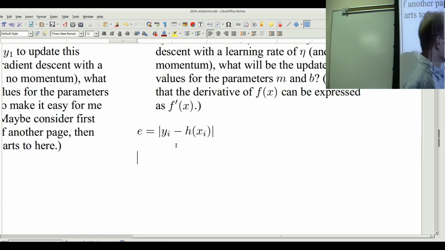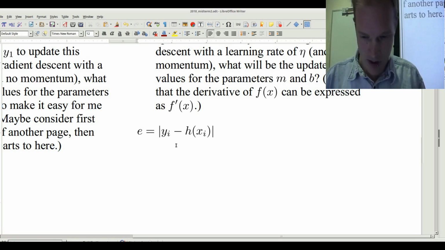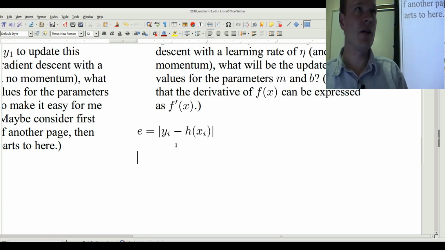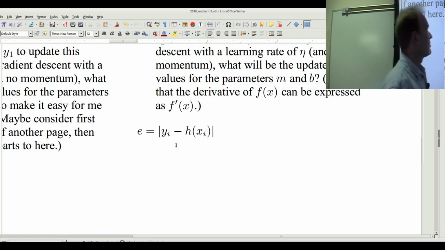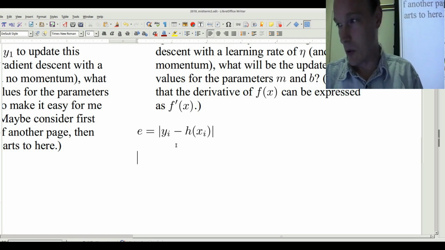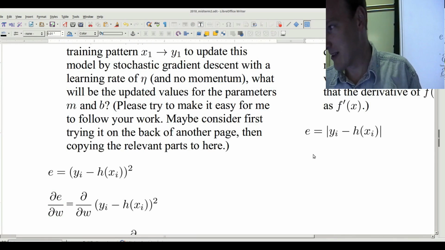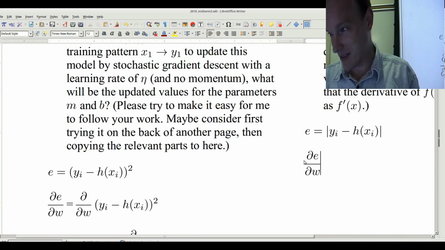Here's my new objective function. And let's suppose I want to update the weights of my model. Well, I need to compute the gradient of this error function with respect to the weights of my model. So can I save a little time by coming over here and saying that's what I want?